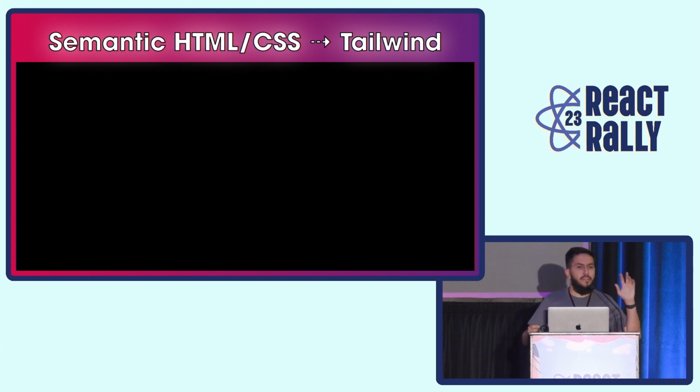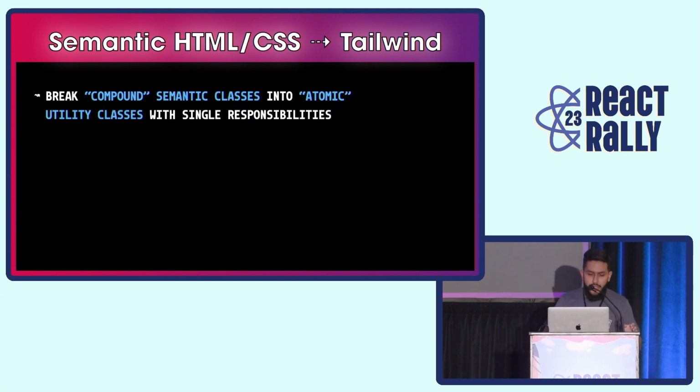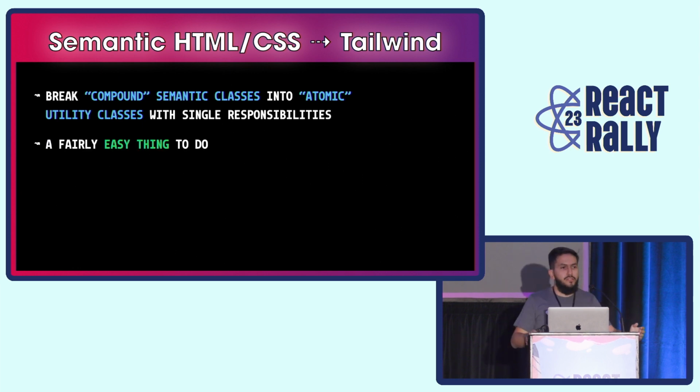Let's say we have our web page using semantic HTML and CSS, and we want to migrate that towards Tailwind or another library. So what we would do, refactoring, is we would break our semantic classes into those atomic utility classes, and every one of them would have a single responsibility. And if you think about it, of course, depending on the size, there will be a lot of refactoring, but that's a fairly easy thing to do.